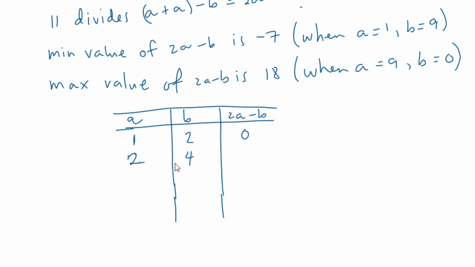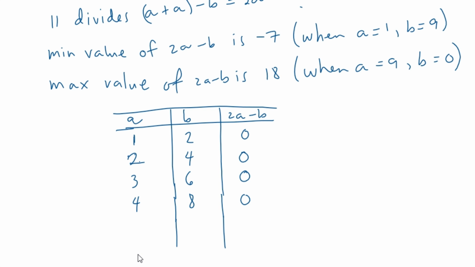Because for this combination of A and B, 2A minus B is also 0. If A is 3, B must be 6, so that 2A minus B is 0. If A is 4, B must be 8. And 2A minus B is 0 for these values of A and B.